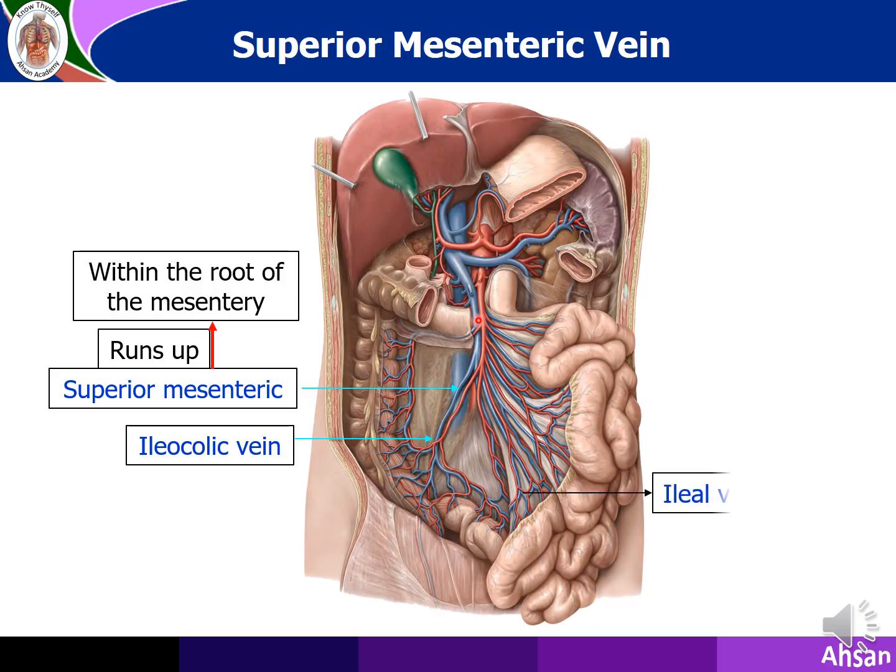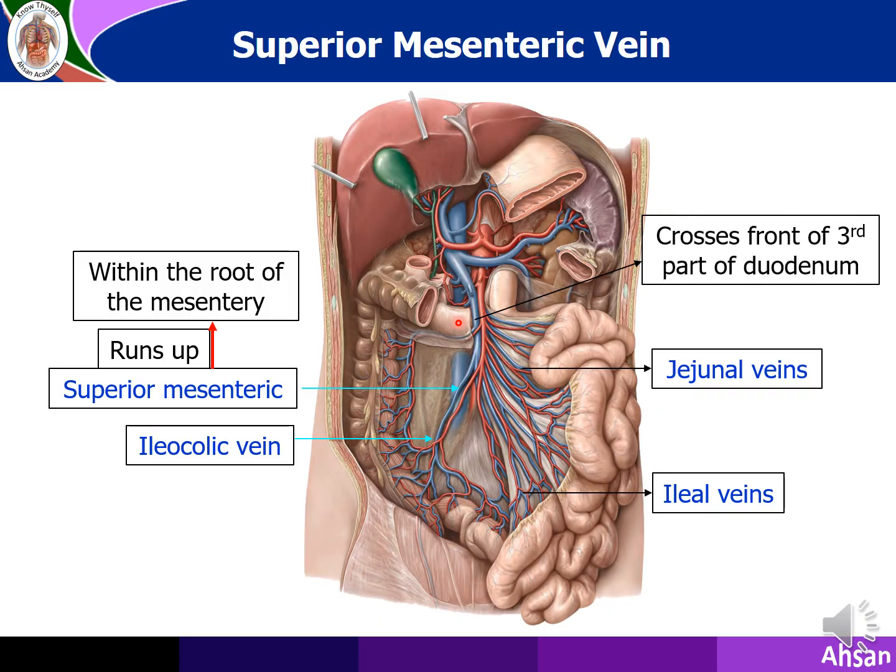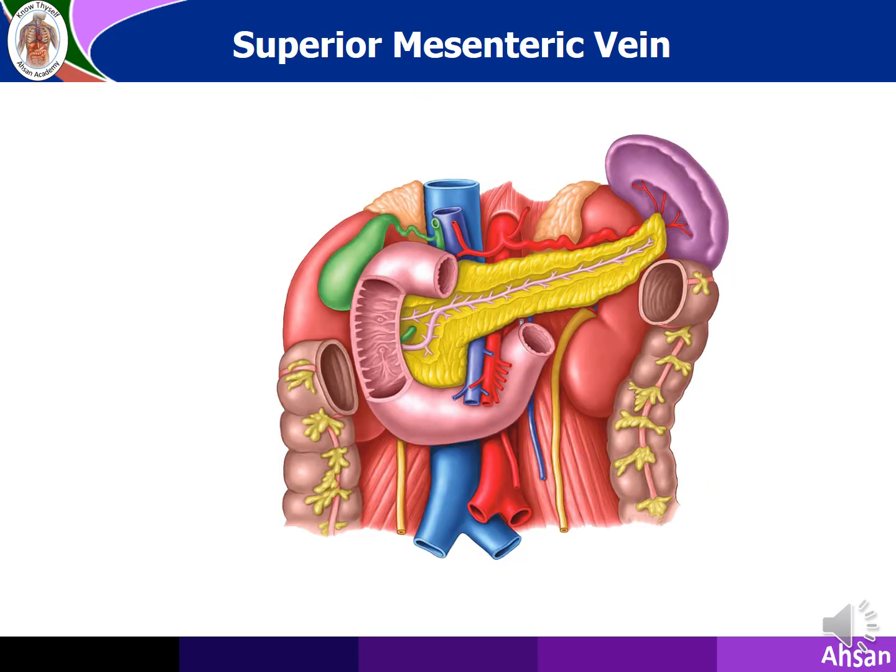It goes anterior to this jejunal vein. These are ileal veins, and it passes anterior to the third part of the duodenum. This is the duodenum, first part here, second part descending, then transversely lying the third part towards the fourth part. It is in front of the terminal part of the third part of the duodenum. This crosses remaining within the root of the mesentery.